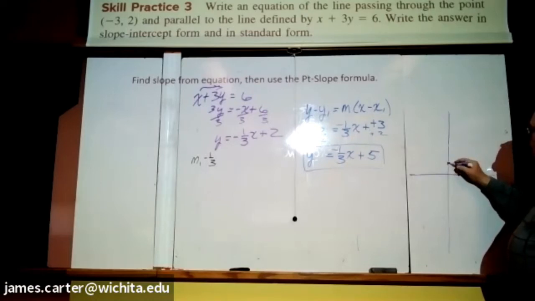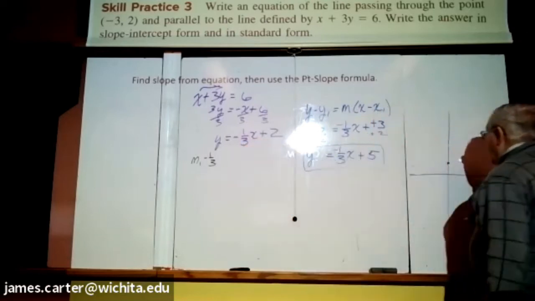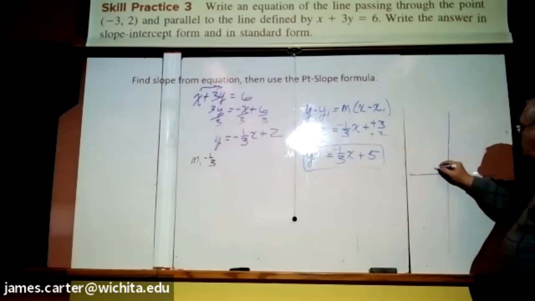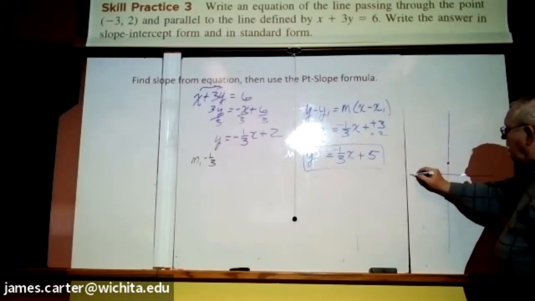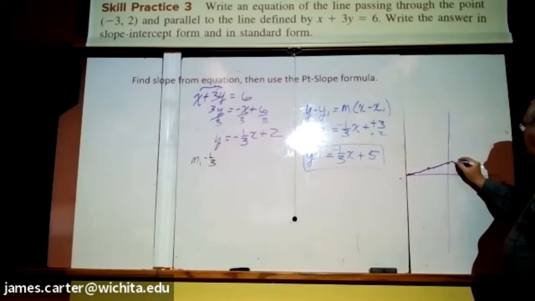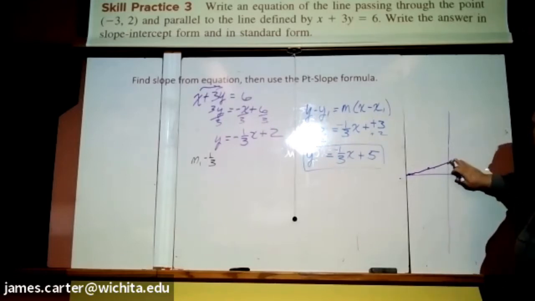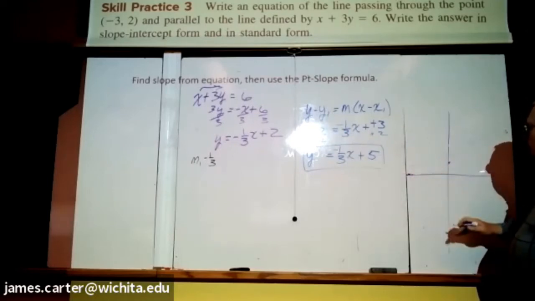So in my first graph, if I graph this one with a negative, not a positive, then I go down 1, and left 3, and down 1 and left 3, and my line goes like this. You know, I'm having some trouble today.